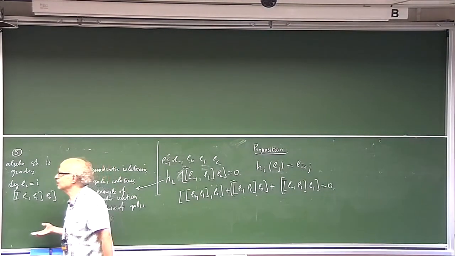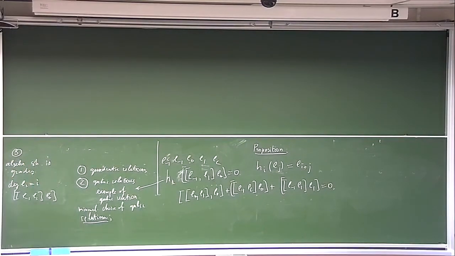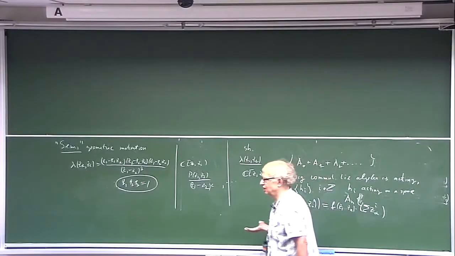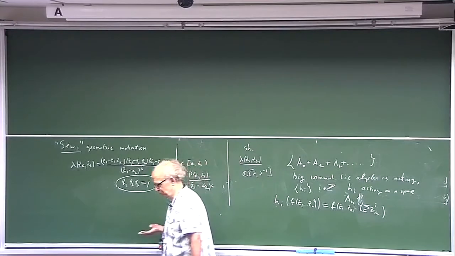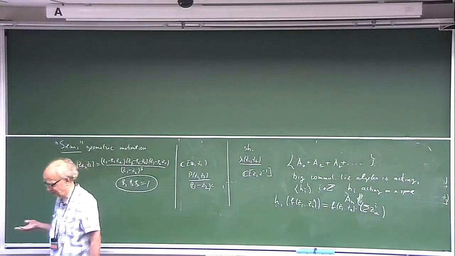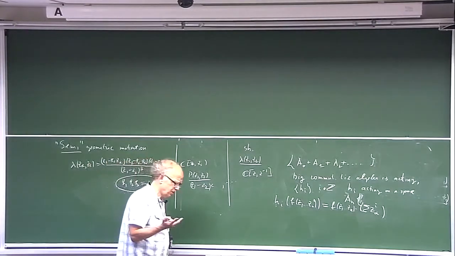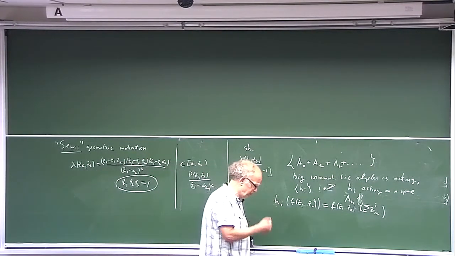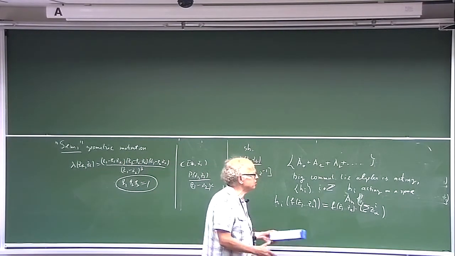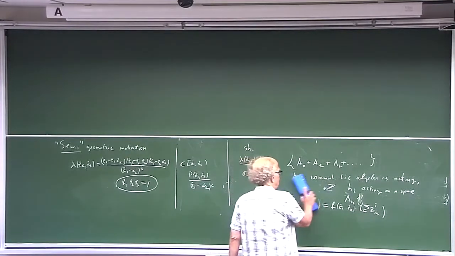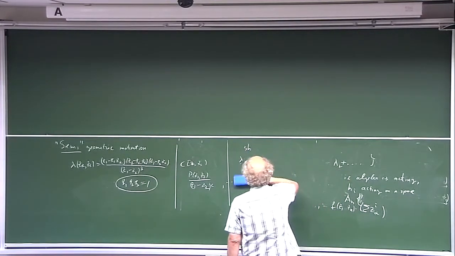And so what I explained is that the shuffle algebra has quadratic relations, and also cubic relations of such sort.